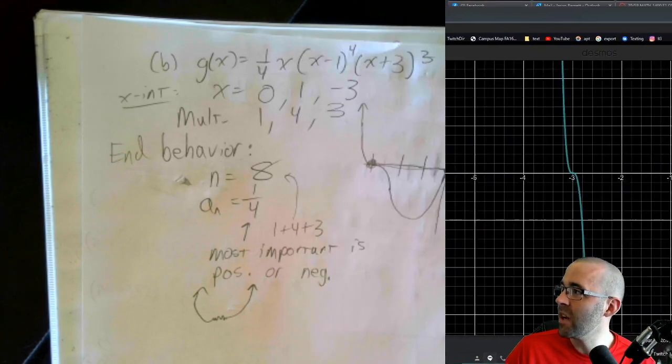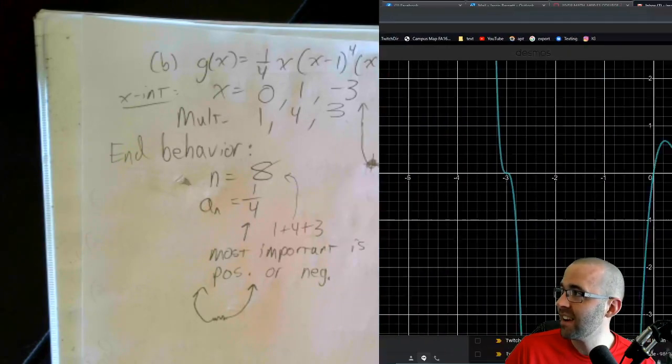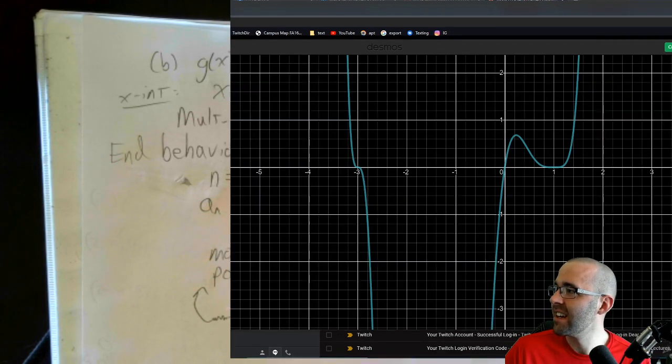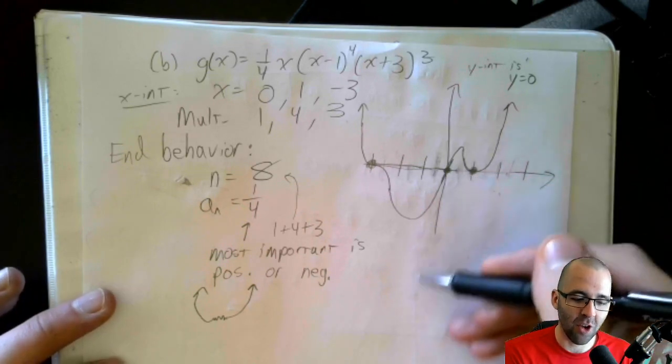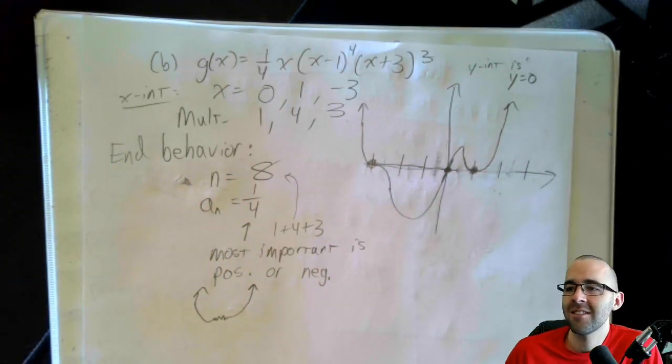This one, we have the right shape, right? The shape is right. But yeah, it goes really far down. It really drops. Okay, so not exactly the same, but pretty close. All right, so it's a good idea to check your answers.